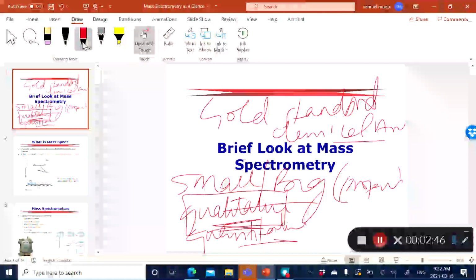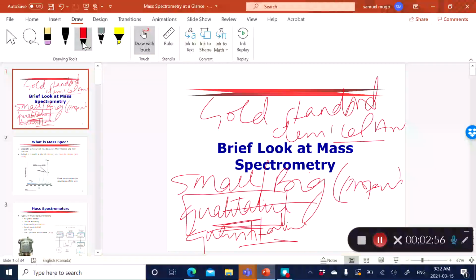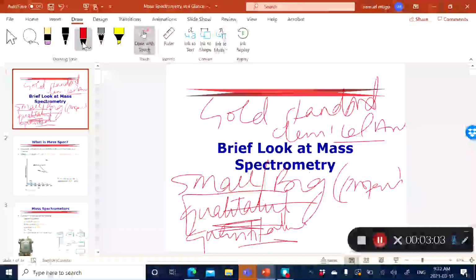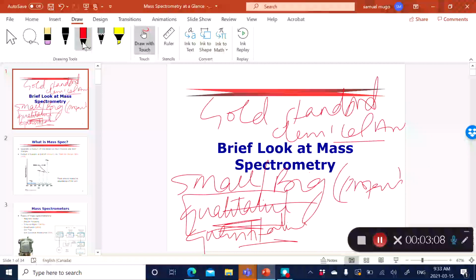And as such, I'm only going to give you a glance at the overarching components of all mass spectrometers out there, and also give you the different types of figures of merit that you need to look for, as far as how each component of a mass spectrometer impacts the figure of merit of the mass spectrometer.